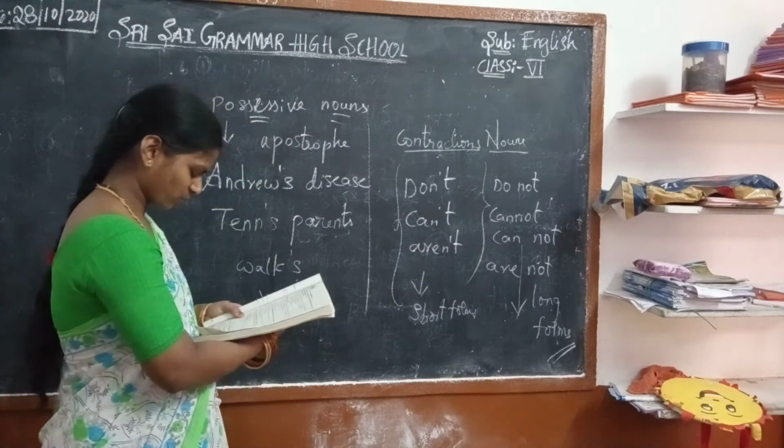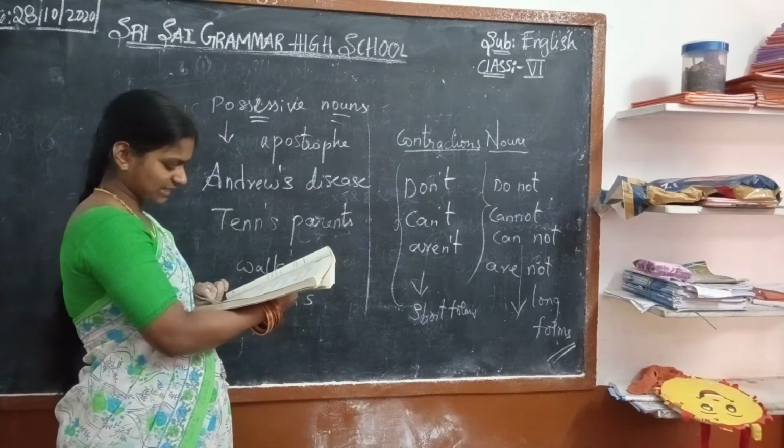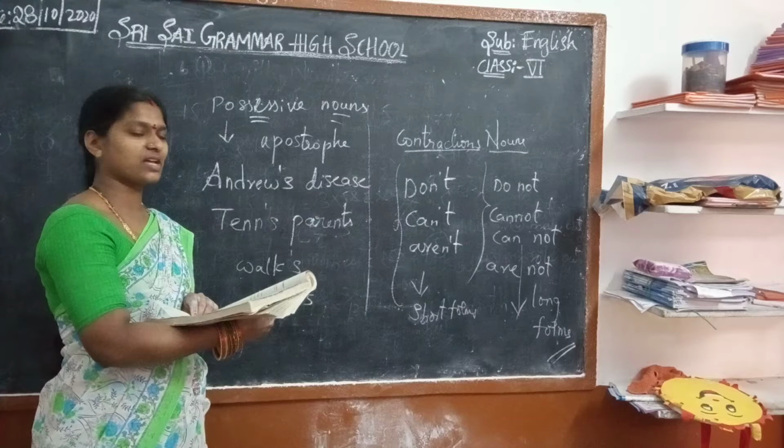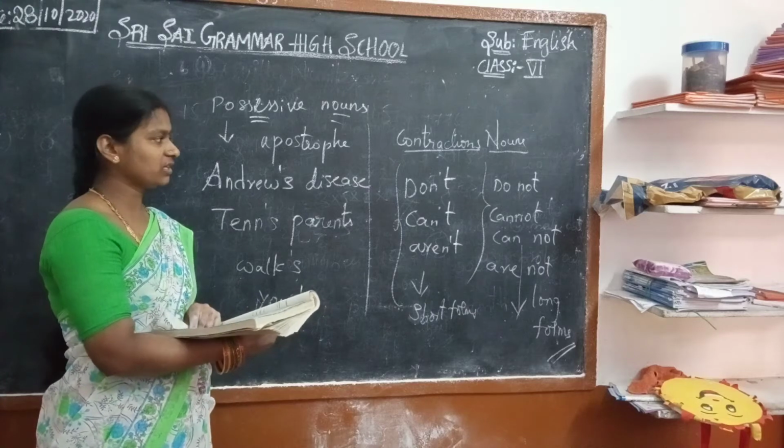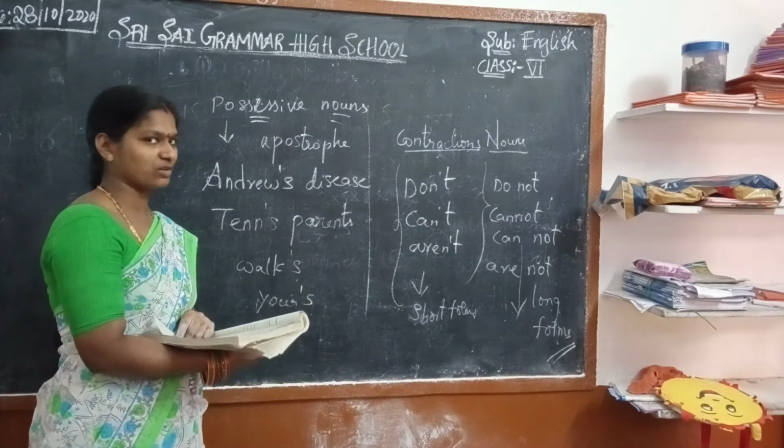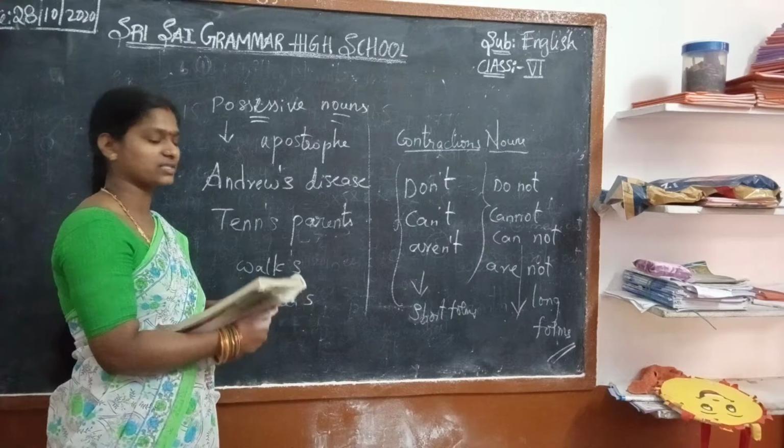Okay. Now, in the form of sentences also we can change a sentence into long form and short form. So I am going to write one sentence. You just see that.